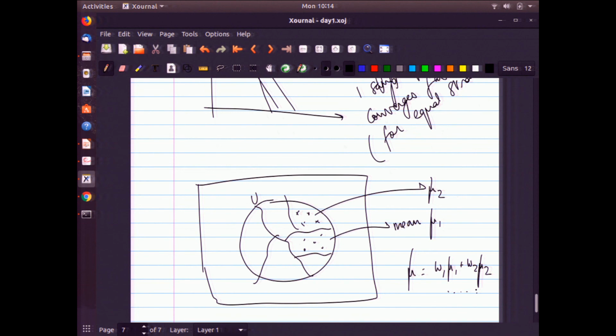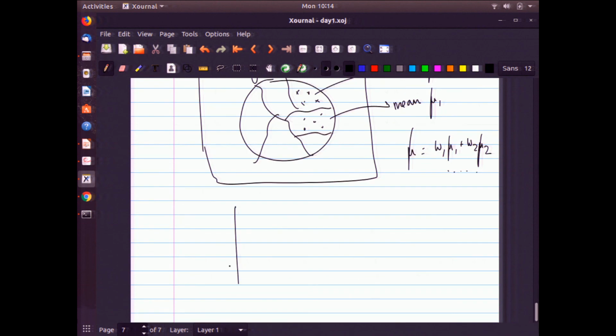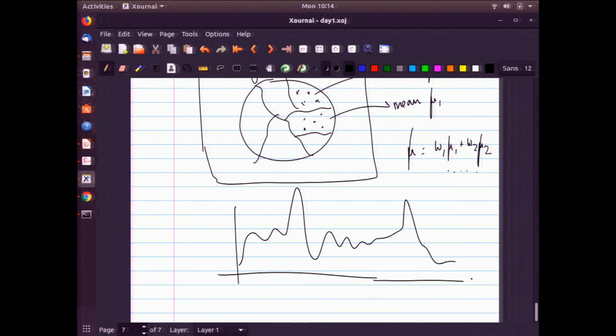So we are assuming that your function is maybe a bit all over the place, but in this partition, the variation is low. So we are partitioning this, and then we will sample in each of these partitions to estimate the mean and then combine all of these.